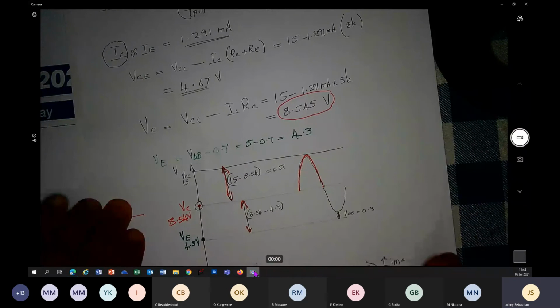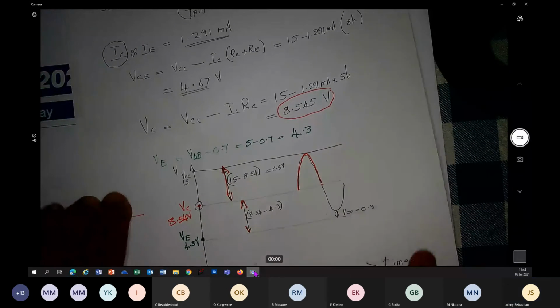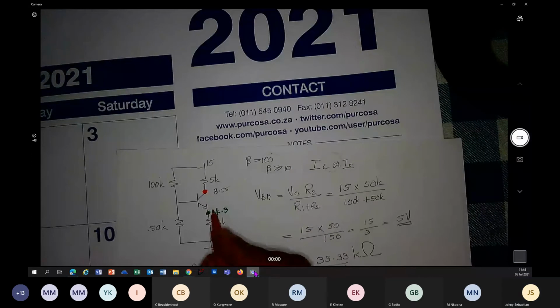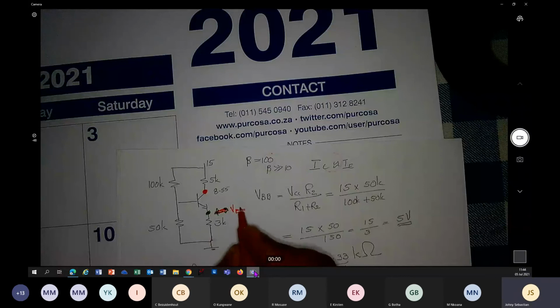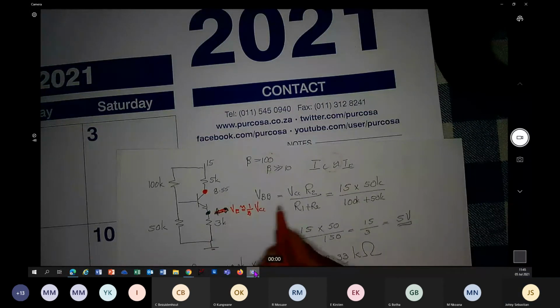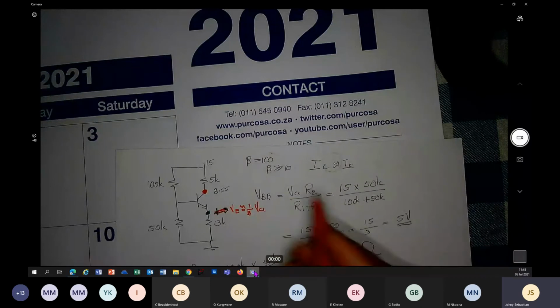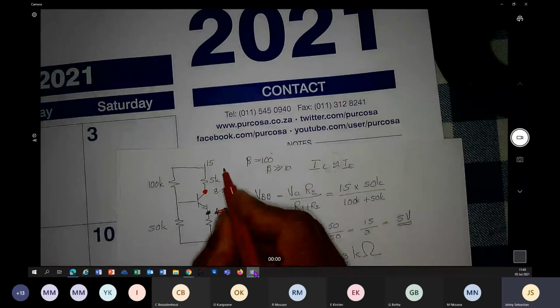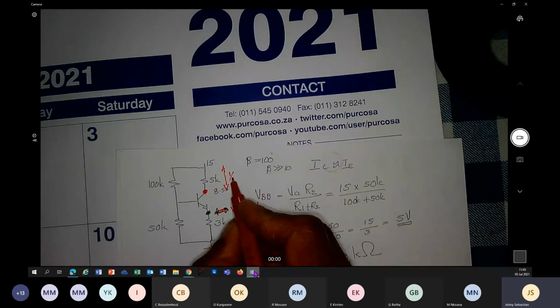How do you get it? Remember, we selected VE approximately 1/3 VCC. And we usually choose this one 1/3 VCC.